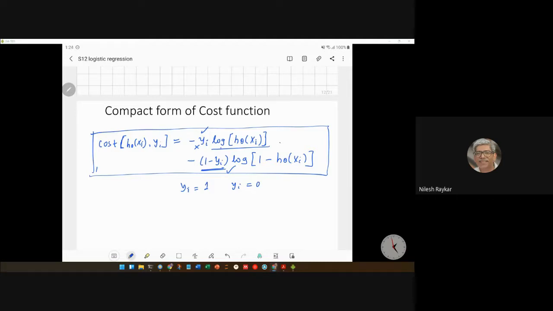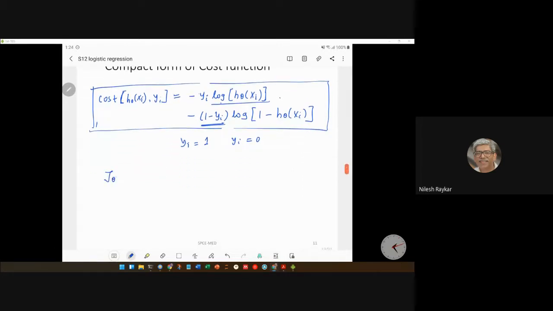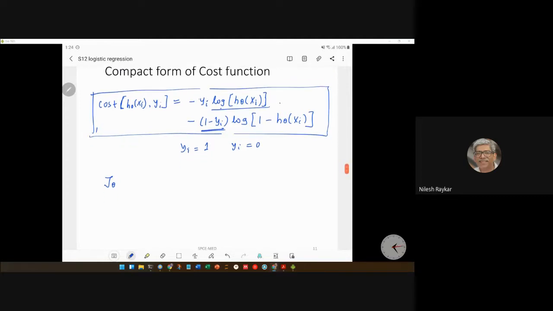So in this clever way, we can have our cost function in terms of only a single function, which is defined in terms of the values which are given there. So in totality, the j theta or the cost function for logistic regression. So this is for a single sample, the cost value for a single sample. For the entire model, you have to minimize the cost over all the samples. So it is summation. So the j theta for logistic regression is defined as follows.